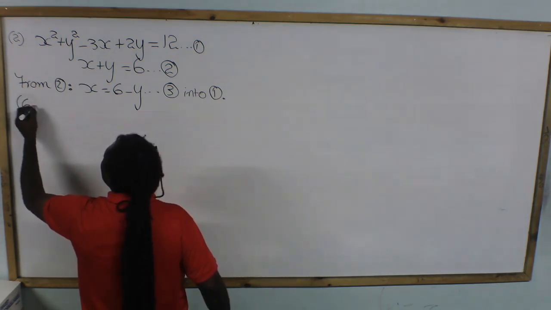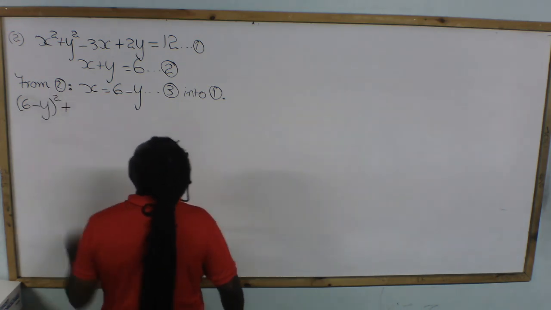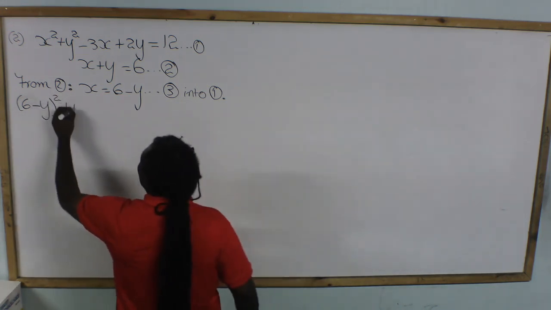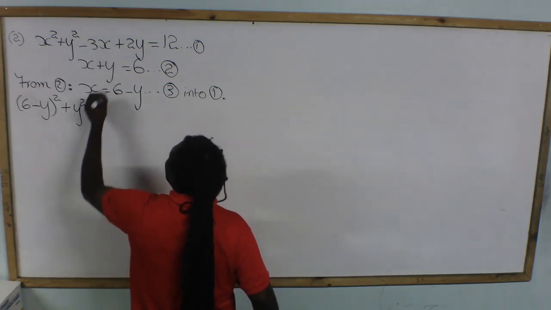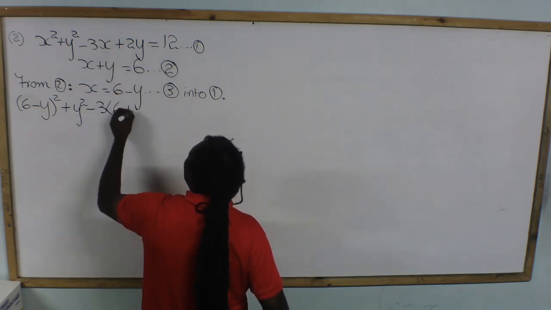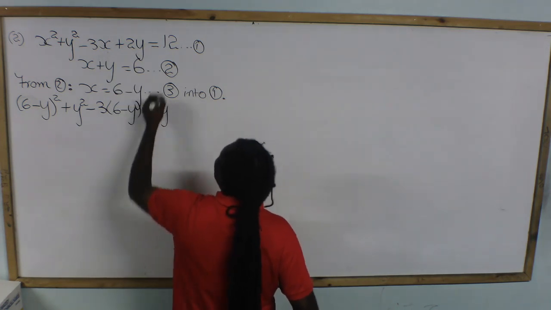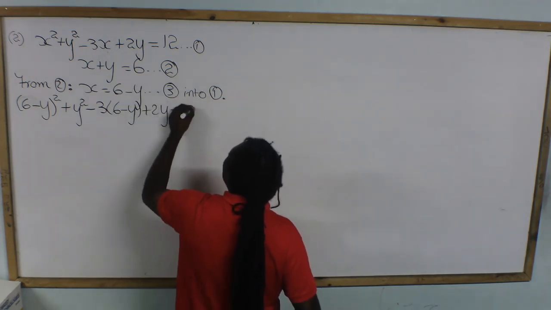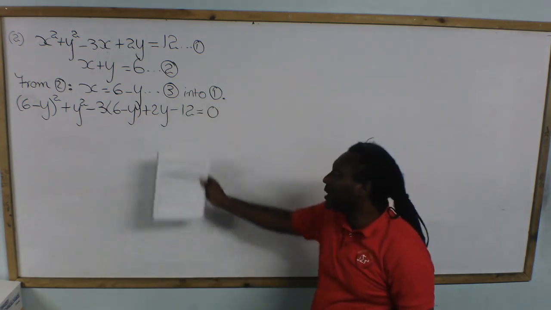Right. 6 minus y all squared plus y squared, minus 3 times. What is x? 6 minus y plus 2y. Let's put 12 there. Minus 12 is equal to 0.